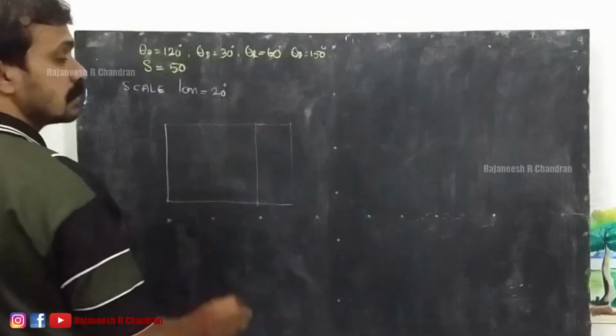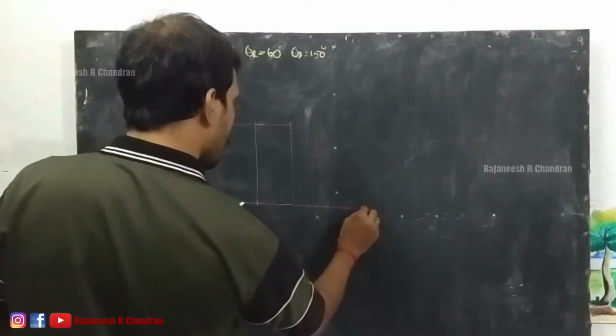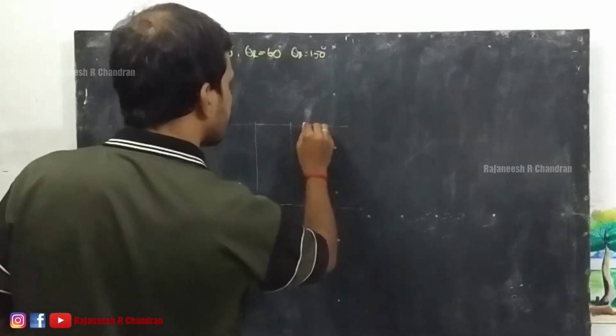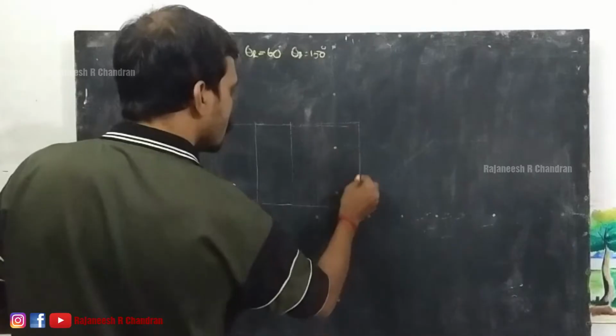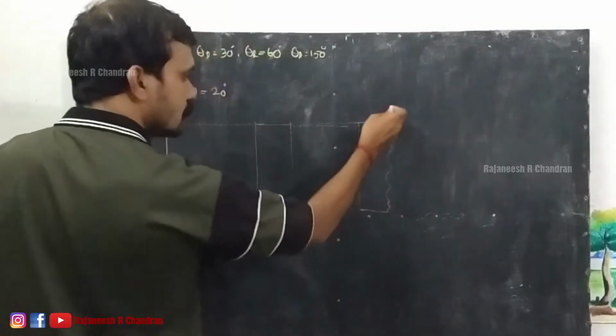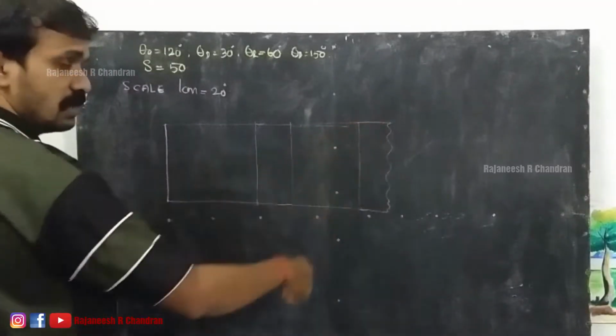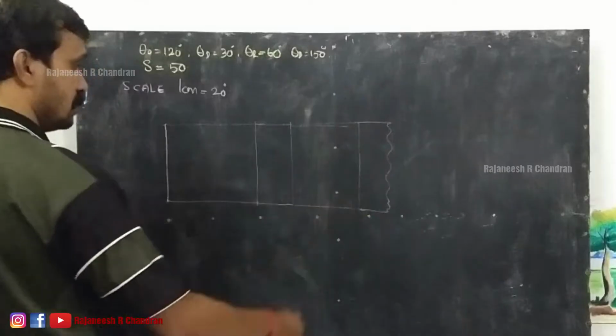Again, this is a 60 degree return, that is 3 centimeter. The balance portion is the remaining dwell that I have indicated like this.